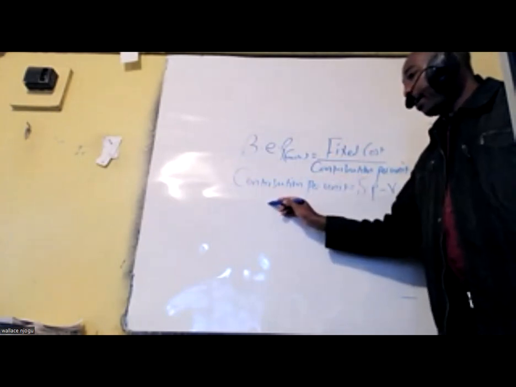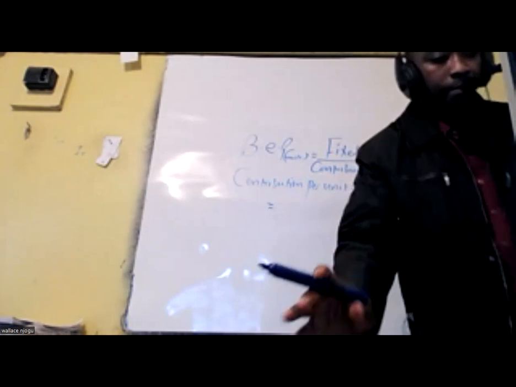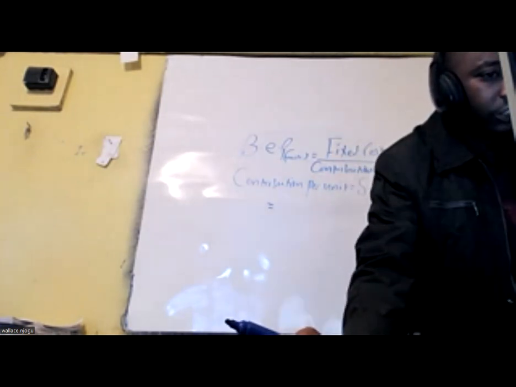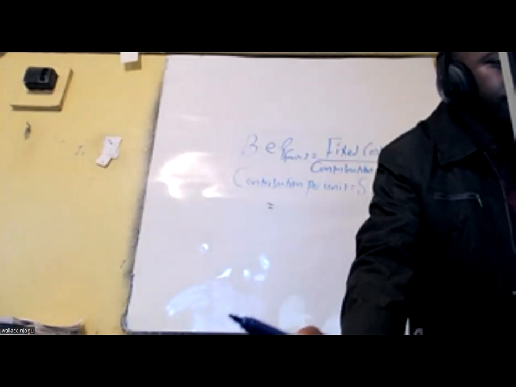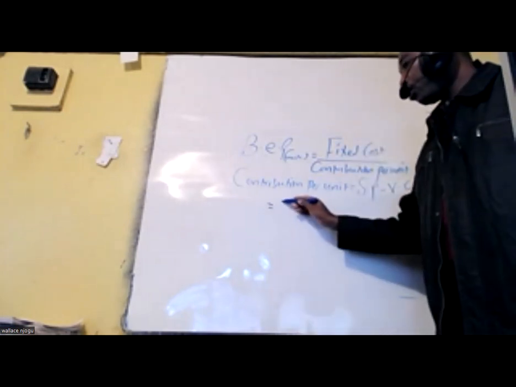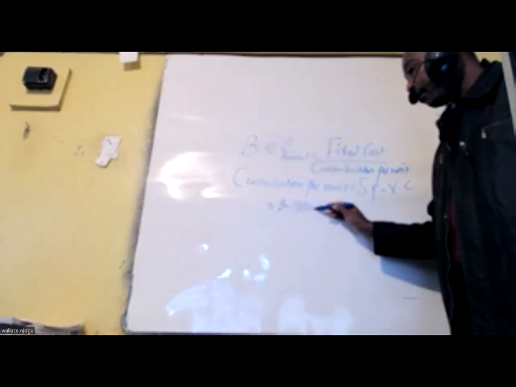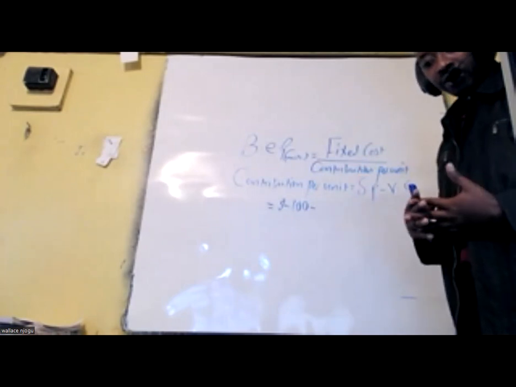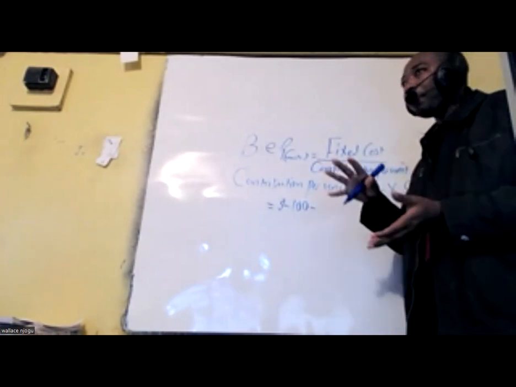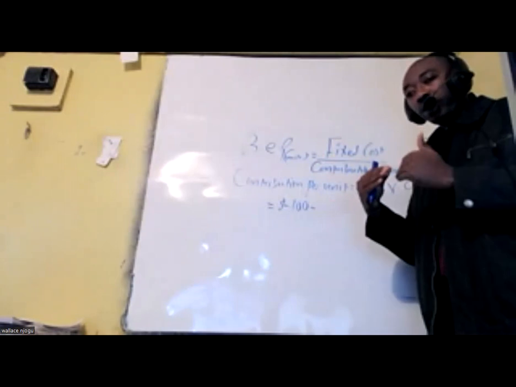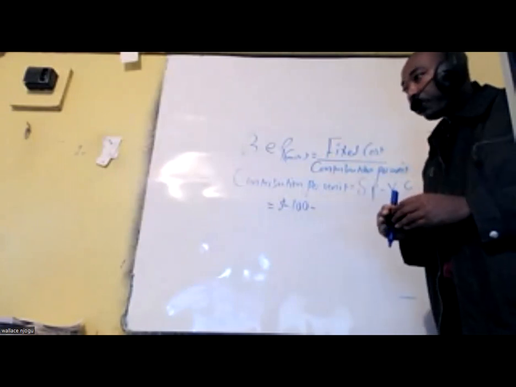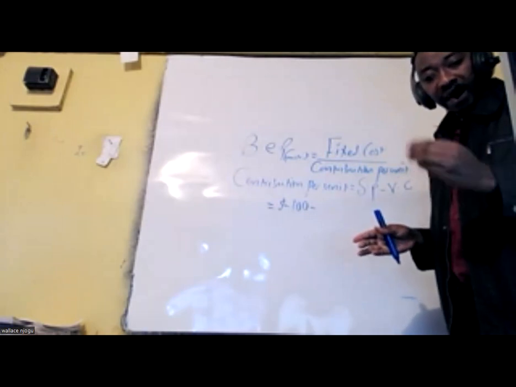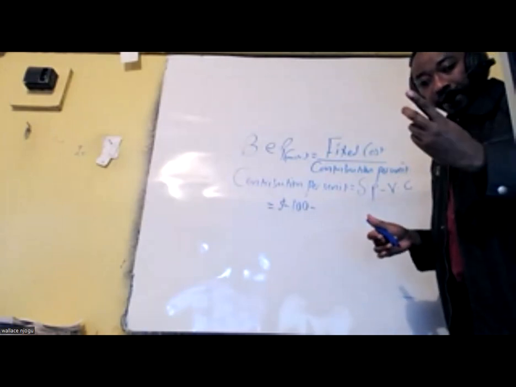Here the selling price we have been told, this product is selling at shillings 100, in note number 4. And then the variable cost. Remember, variable cost is any cost that varies, that changes according to the level of production or output. And here we have two variable costs: the material and the labor.